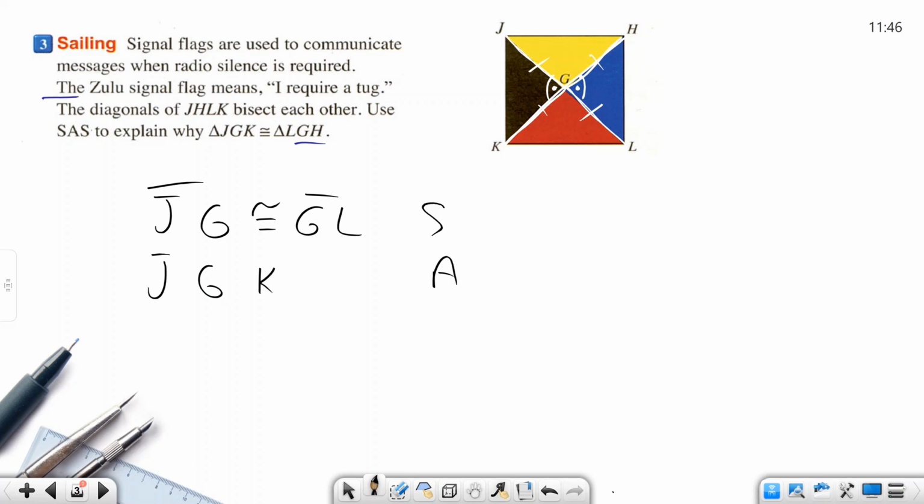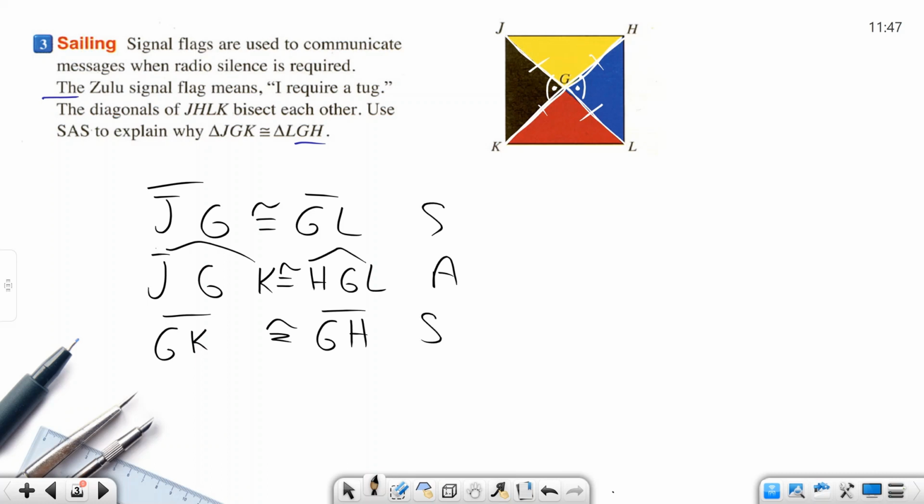JGK is congruent with HGL. So these are angles. So GK, this line segment, is congruent with GH. So this is another side angle side.